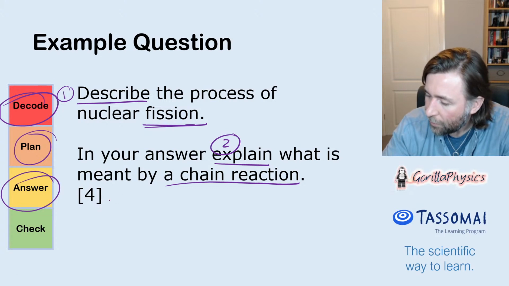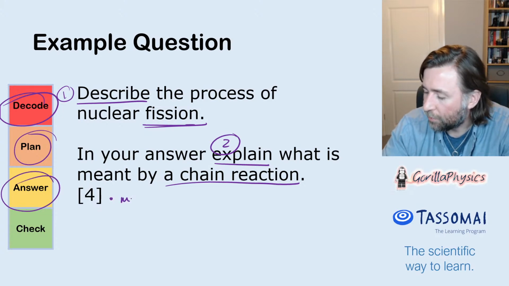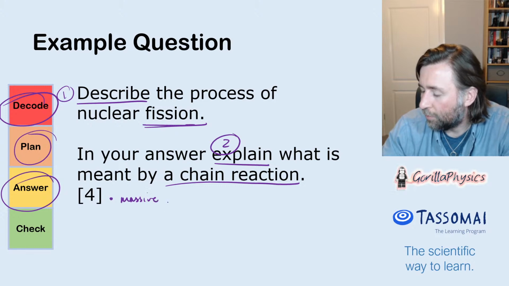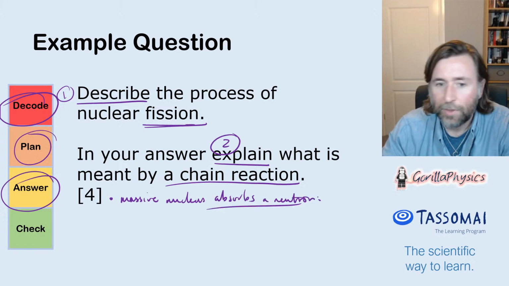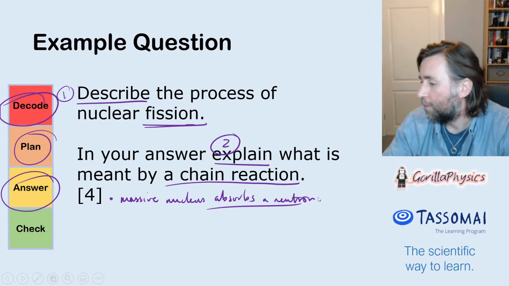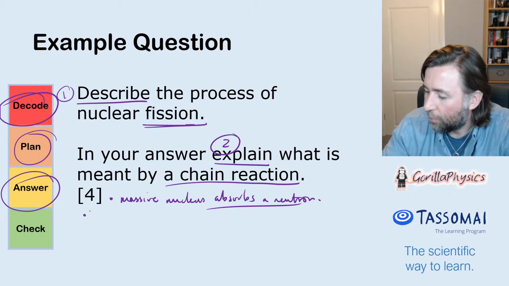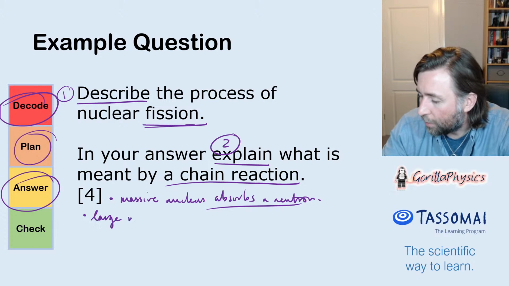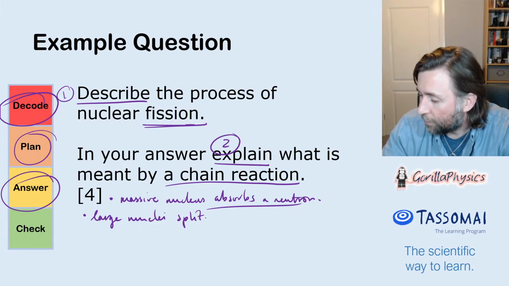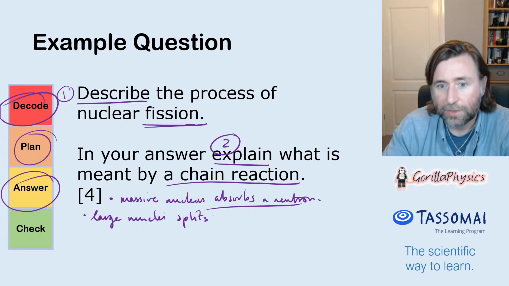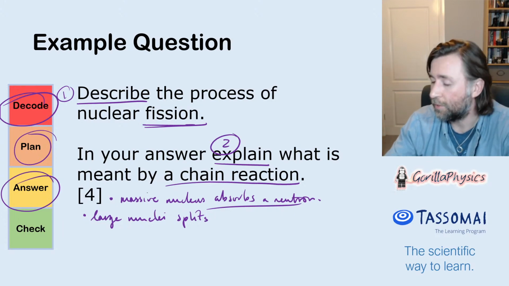Answering it. What happens is a massive nucleus absorbs a neutron. It splits. The large nucleus splits into two or more fragments.